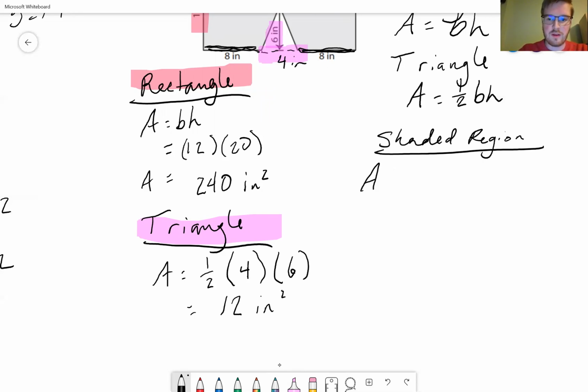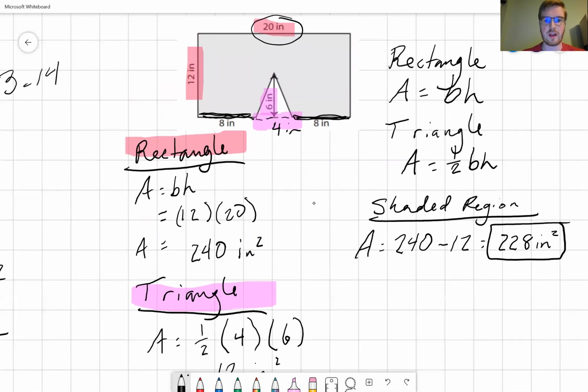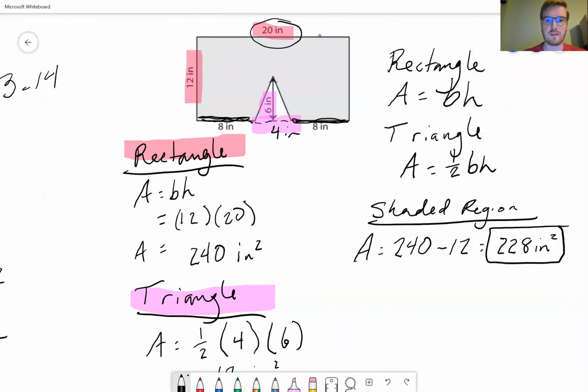So we've got 240 square inches minus 12 square inches. 240 minus 10 is 230, minus 2 more gives me 228 square inches as my final answer there for the area of that shaded region, right? So all we did, we found the area of that rectangle overall and then took out that space. It looks like, again, it's been cut out, that is represented by that triangle.